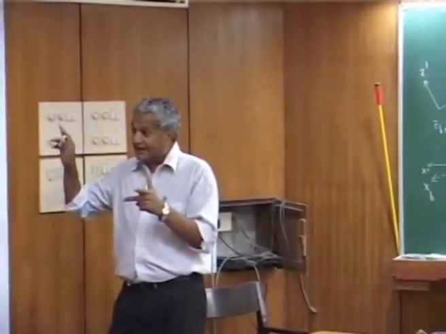Now, the rate of change of attitude, please understand, there is a lot of difference between the angular velocity vector of the body at an instant and the rate of change of attitude of the body. There is a relationship.